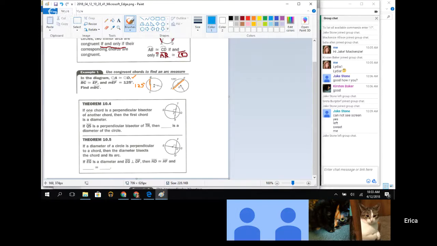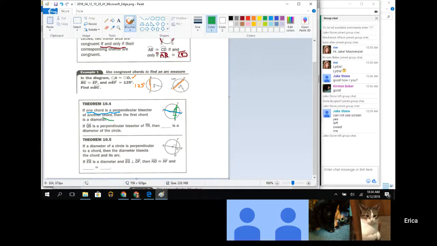So let's kind of color code this. The one chord that they're talking about, the perpendicular bisector, is this chord right here. And it is a perpendicular bisector to another chord, which is this chord right here. We know it's a perpendicular bisector because it's perpendicular, which means it's 90 degrees, and bisect means to cut into two equal parts, which is labeled on there.